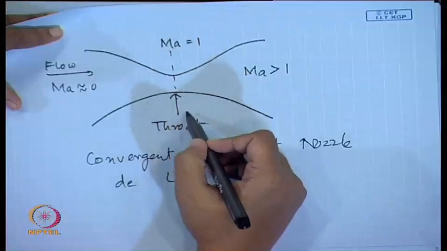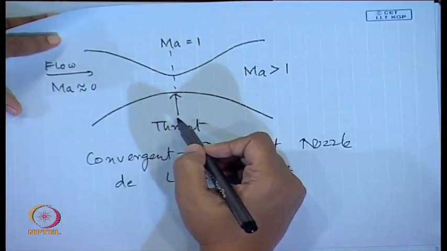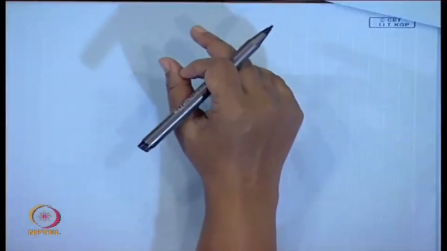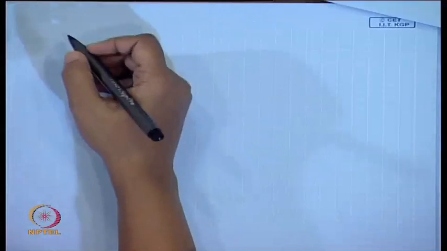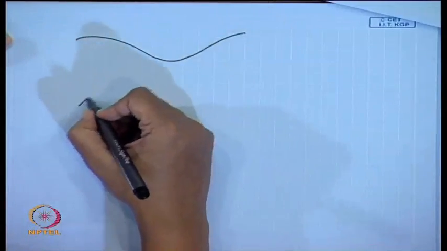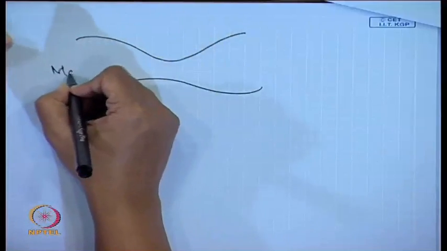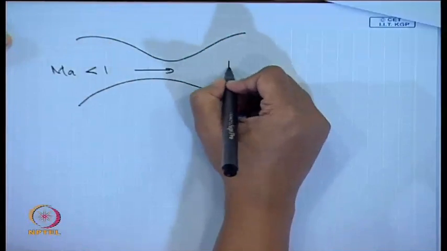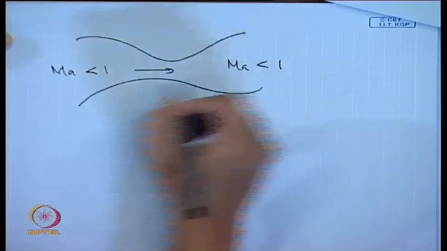So, this is the thing which you have to keep in mind, that for this particular case, if we have to get Mach number equal to 1, it can be under this particular condition. But we can also have situations where the flow throughout is, here, Mach number less than 1, in this case also Mach number is less than 1.